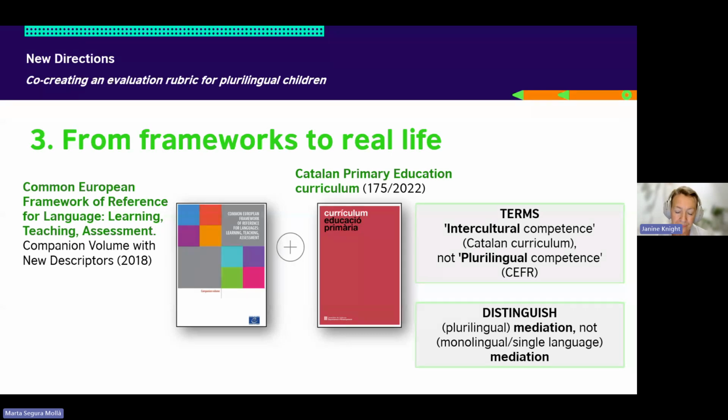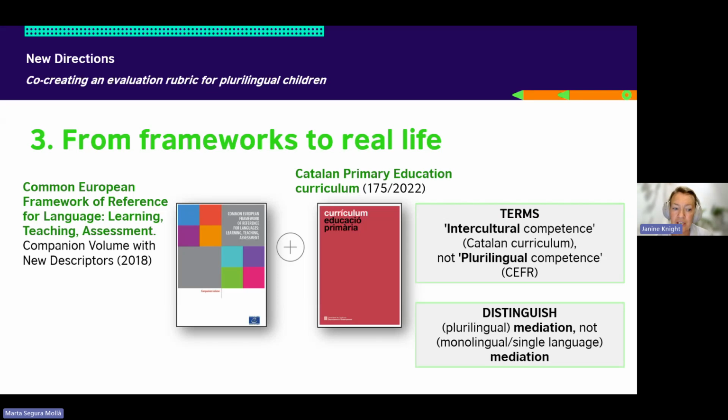The second aspect was that in order to make the activities of plurilingual children absolutely central to the rubric, we had to distinguish between plurilingual mediation activities and monolingual ones, which was not explicitly highlighted in the CEFR.